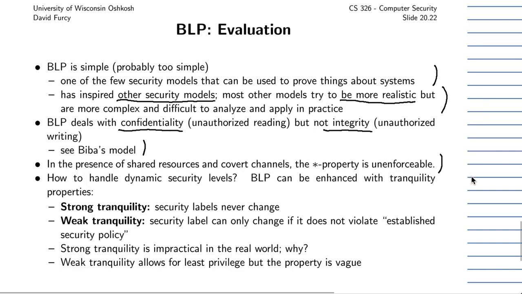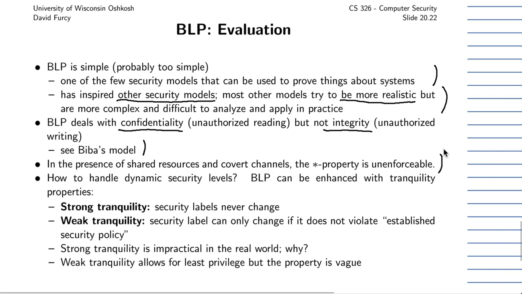Then the operating system is actually implementing very specific mechanisms, but the BLP model assumes that the only way that subjects can communicate with other subjects is through the operating system. But of course, that is not the case in the real world.